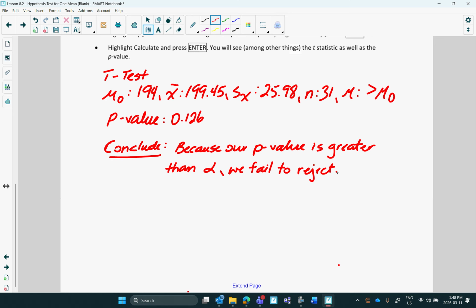We don't have convincing evidence. It's the same sentence that we did previously. We don't have convincing evidence.